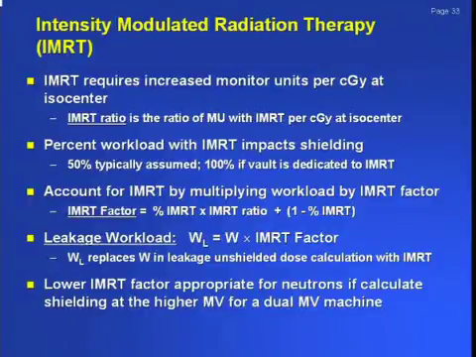You really have to increase your monitor units per centigray at isocenter by what we call the IMRT ratio: the monitor units with IMRT versus the monitor units you would use without IMRT. When we started doing this and people were using the Peacock system, that had an IMRT factor of 10. Originally it was down to about 5.